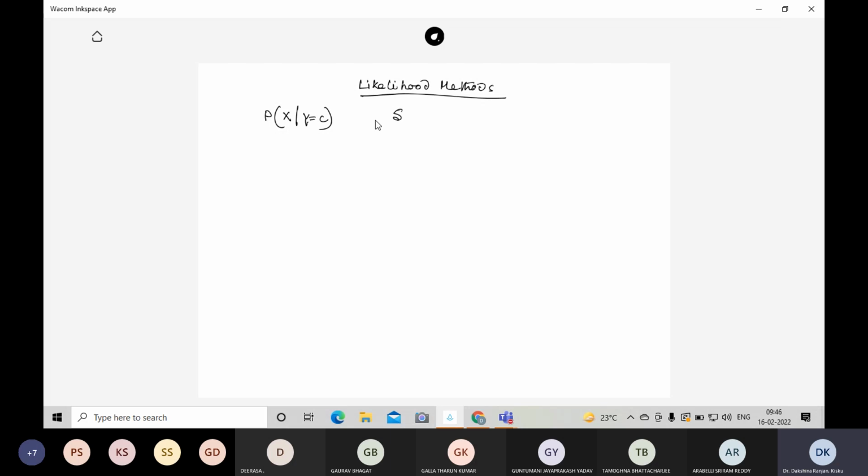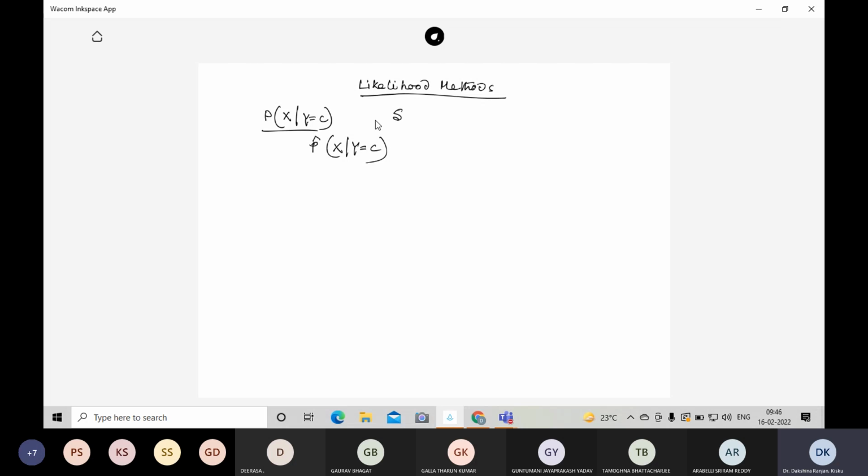Okay, now a likelihood classifier uses the training data to estimate the likelihood, so we can estimate the probability p cap of x given y equals c.